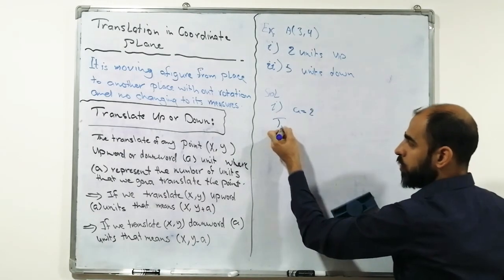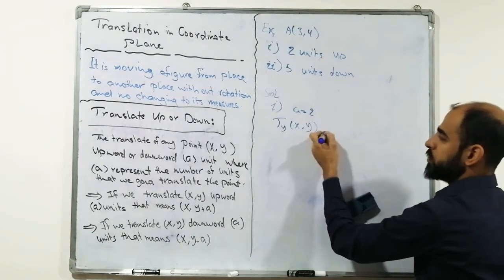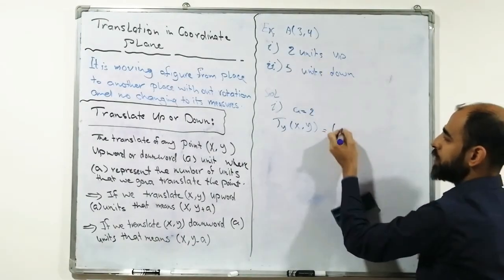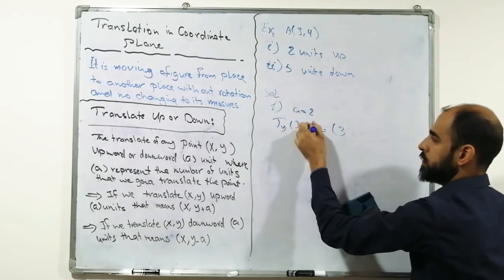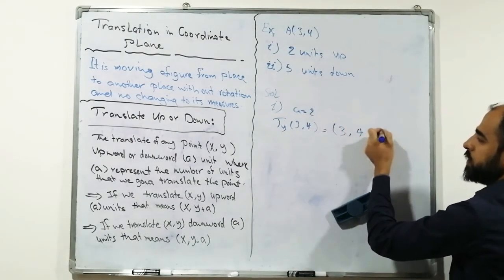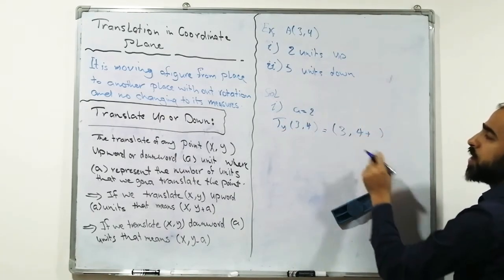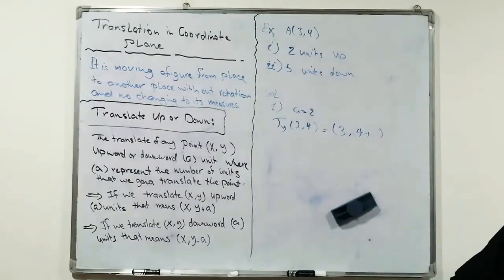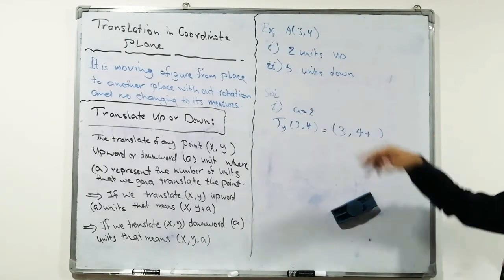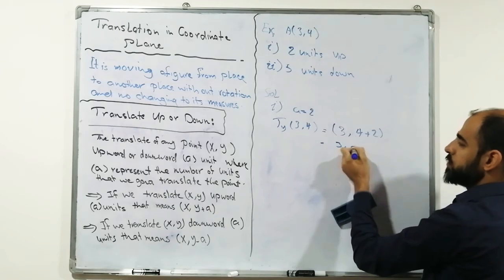Translating y of (x, y), here it will be Ty, a translation on y; before it was Tx for the point (x, y). The x is still as itself, the first part of the point, which is 3. But for y, the second part, 4, we are going to add, because the translation is upward to the positive side, the number of units, which is 2. So 4 plus 2 is 6.